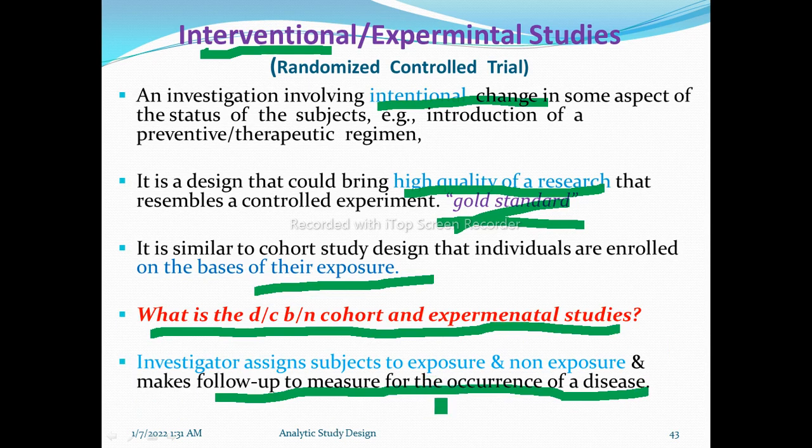So the investigator only observes the natural occurrence of disease. So the manipulation, or the ability of the investigator to assign subjects to the exposure, is one of the main differences between experimental and observational studies.